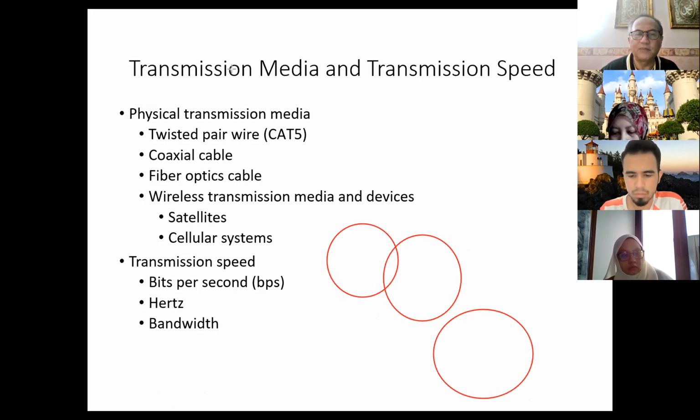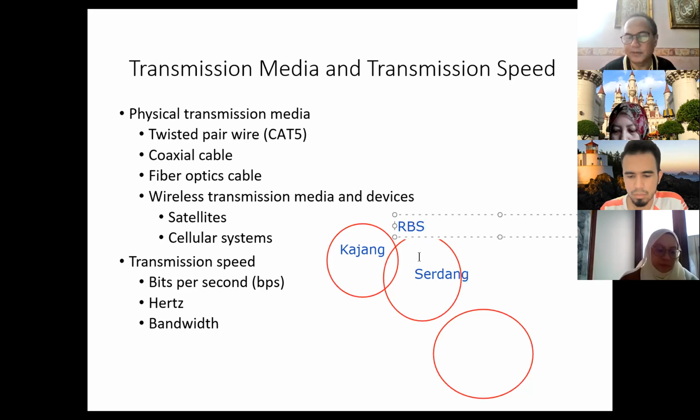For example, you can move from Kajang to Serdang. It is called a radio base station, RBS. Say you're driving: this is a cell, this is another cell. That's why it's called cellular.